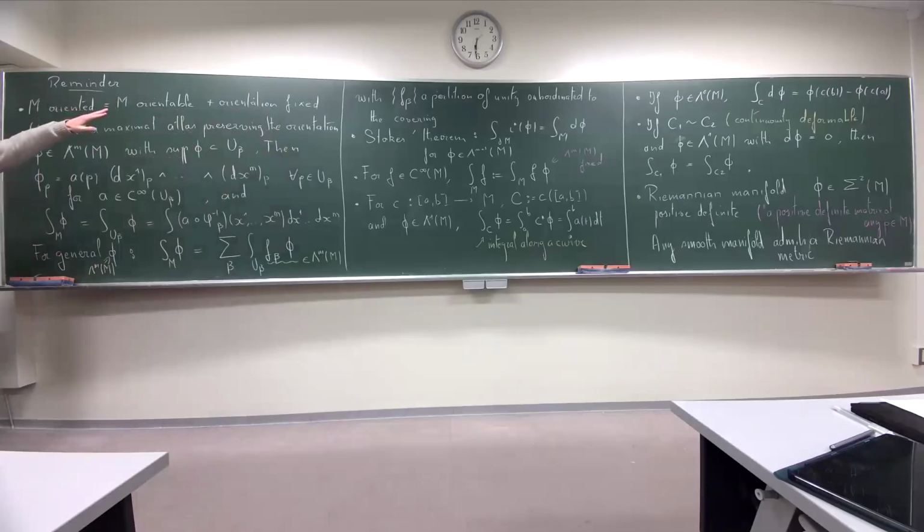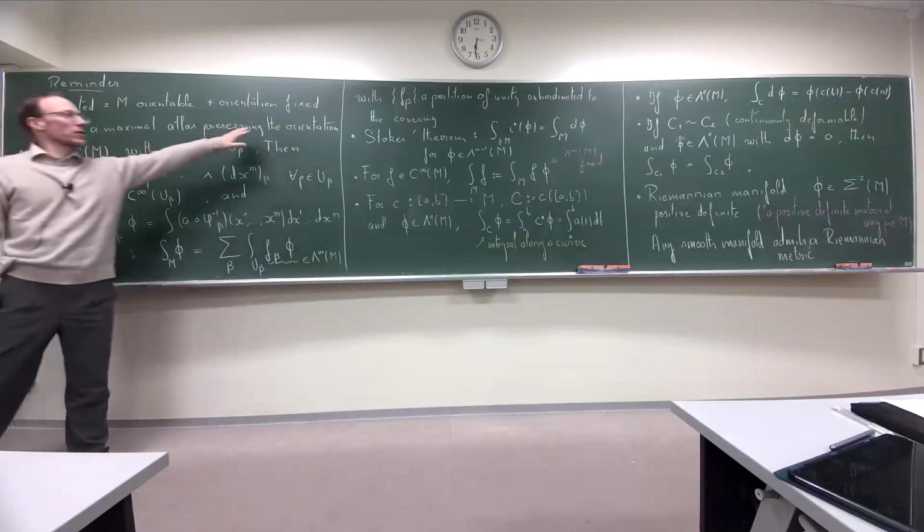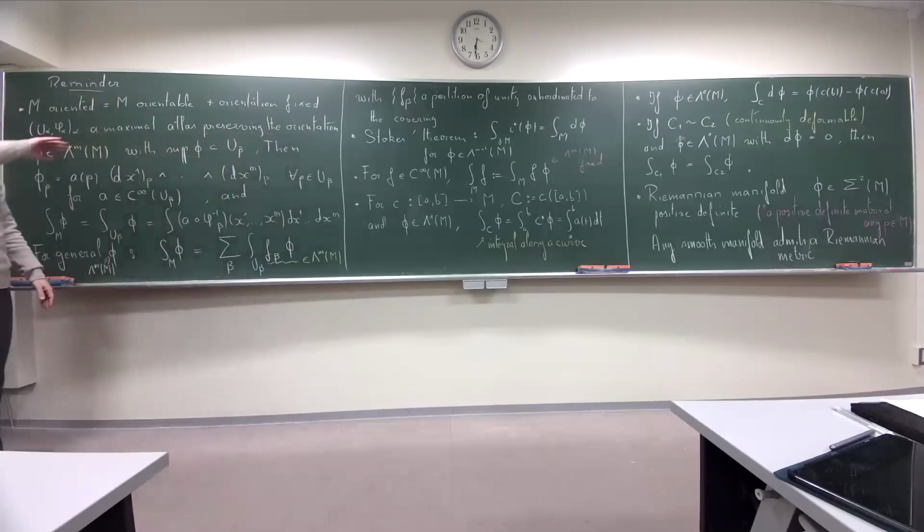When you fix one, it means you fix an atlas, a way to cover your manifold with charts which preserves the orientation. So when you move on this atlas, a certain determinant, the determinant of the Jacobian of the transition functions, is always positive. Then I explained how to integrate m-forms.